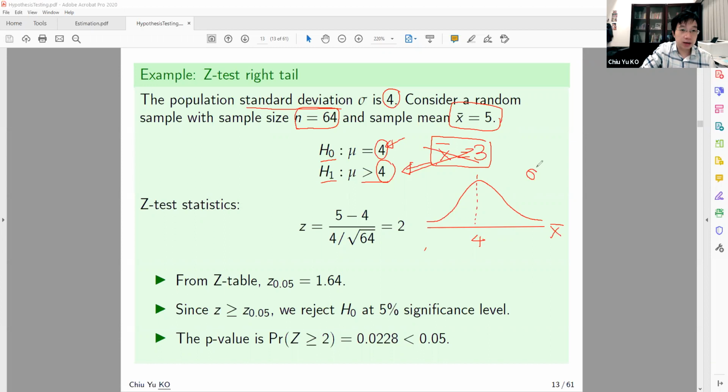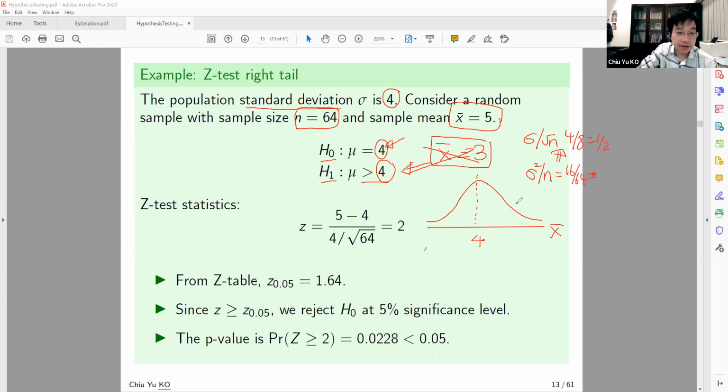And this sigma squared over n will be 16 over 64, okay? This is the variance. Or if you want the SD, it will be 4 over 8, which is 1/2. So it will be sigma over root n.